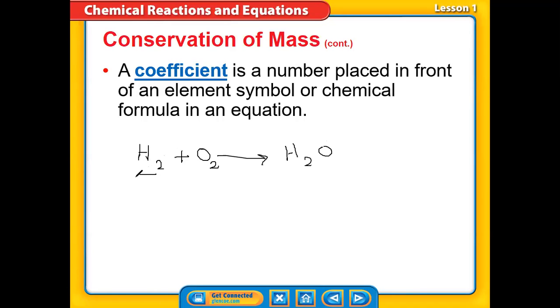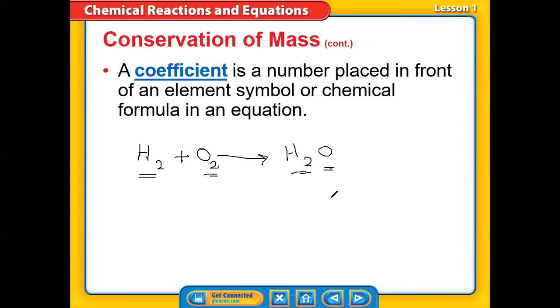Because here we have two hydrogens and here we have two hydrogens, but here we have two oxygens while here just one. So this chemical equation is not balanced, because it seems that one oxygen is lost, and that cannot happen. So this chemical equation is not right. We must balance it to make it a right chemical equation.